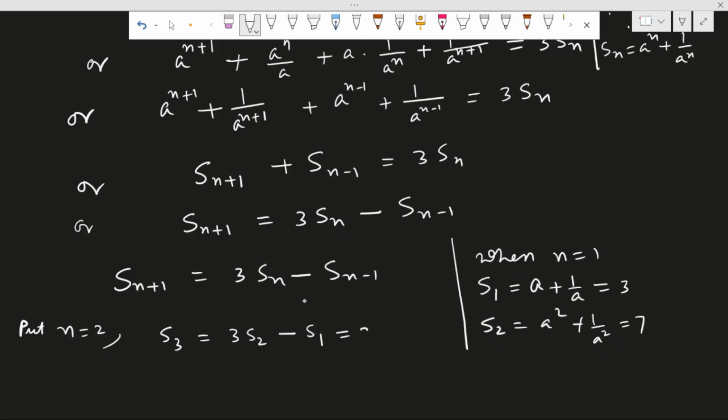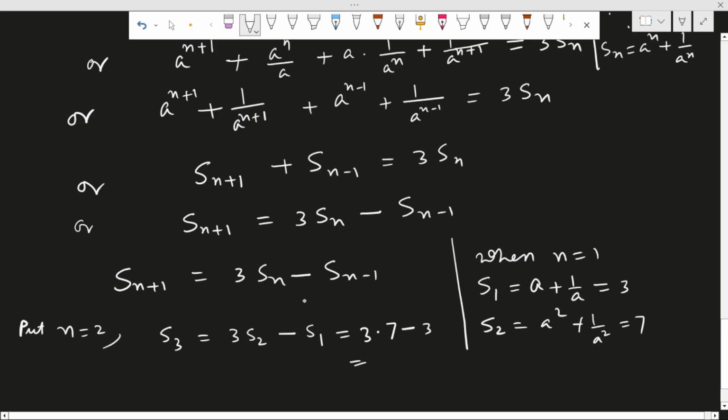So 3 into 7 minus S1, which is 3, that is equal to 21 minus 3, 18.